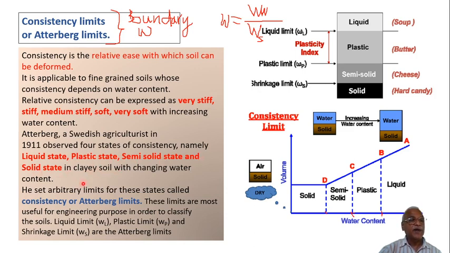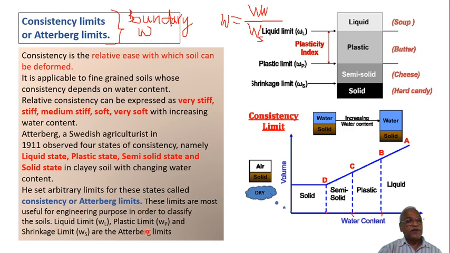Clayey soils have particles which are nearer to the size of 0.002 mm or 2 microns, with changing water content. He set arbitrary limits for these states and called them consistency or Atterberg limits. And these limits are most useful for engineering purposes in order to classify the soil.